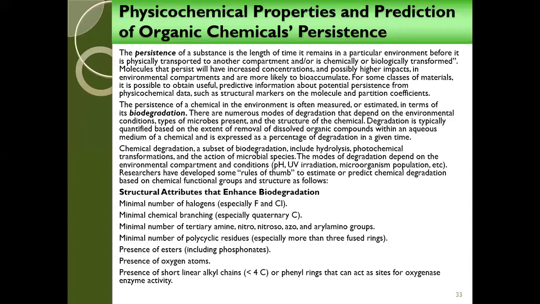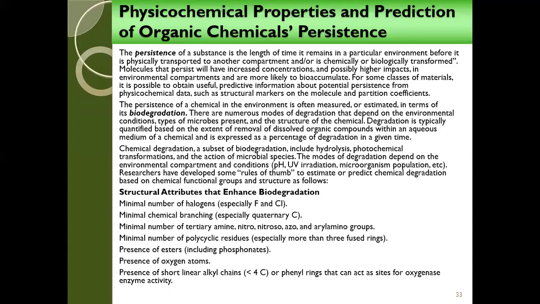So the persistence of a chemical in the environment is often measured or estimated in terms of what is called its biodegradation. So what is biodegradation? It has to do with the breakdown of a particular chemical through a number of processes.